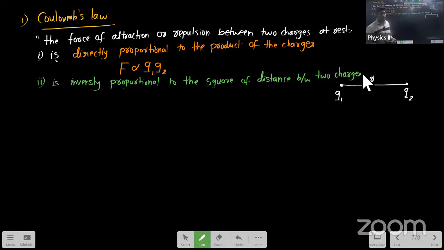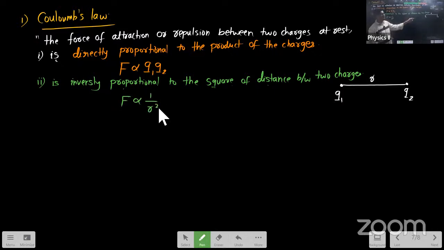So what is the statement for Coulomb's law? The force of attraction or repulsion between two charges is directly proportional to their product and inversely proportional to the square of the distance between them. Meaning F is proportional to 1 by r square.